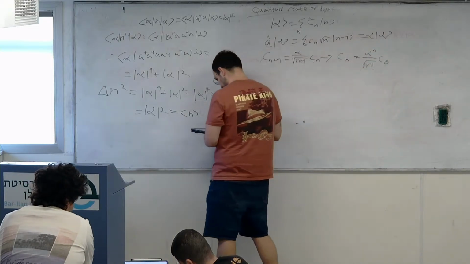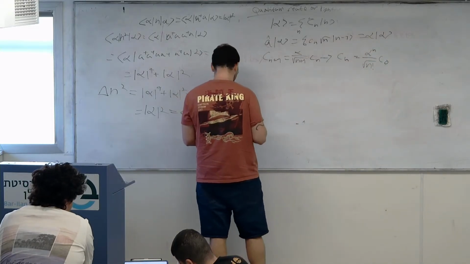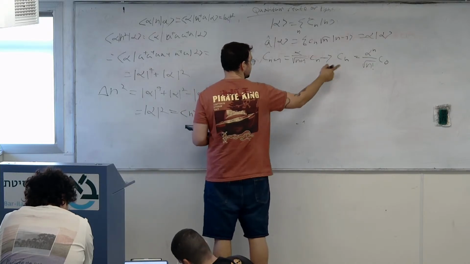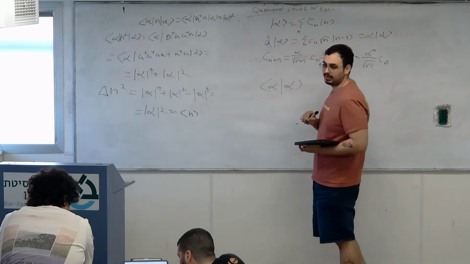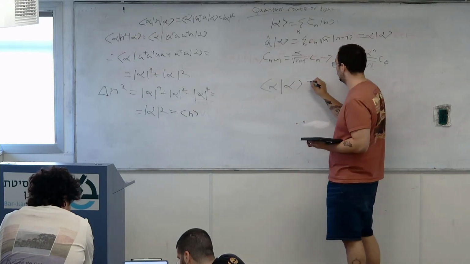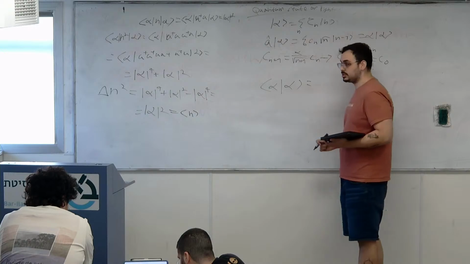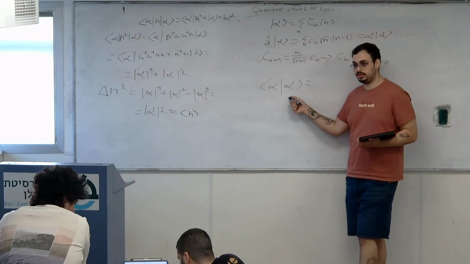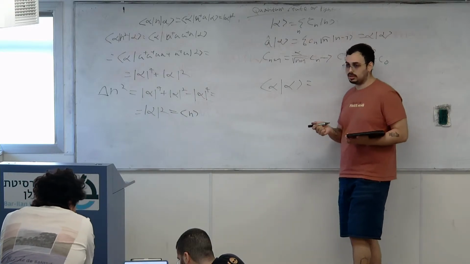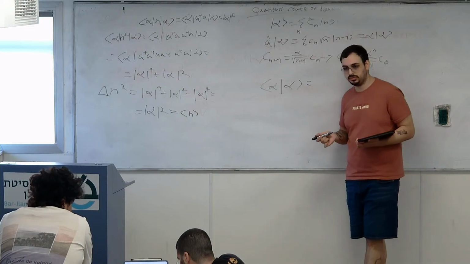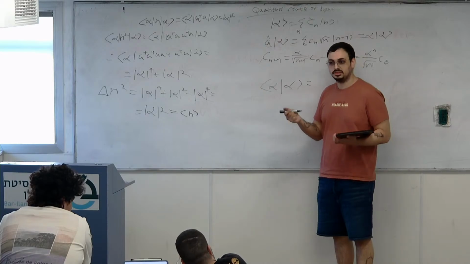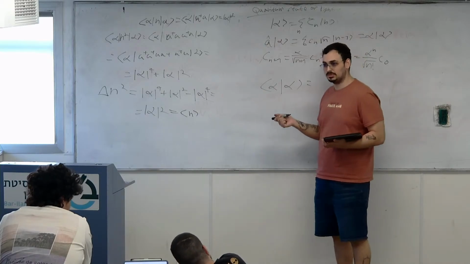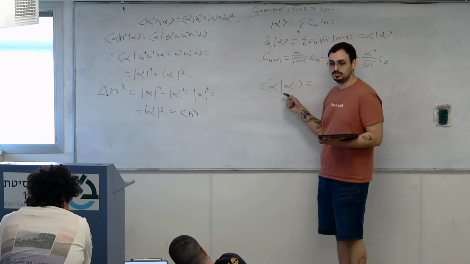Okay. And now we can find C0 by taking the inner product of alpha with itself. Since it's a real state, a normal state, it should be orthonormal to everything else. So the ortho doesn't matter, but the normal is what's important, meaning that the multiplication must be equal to 1.